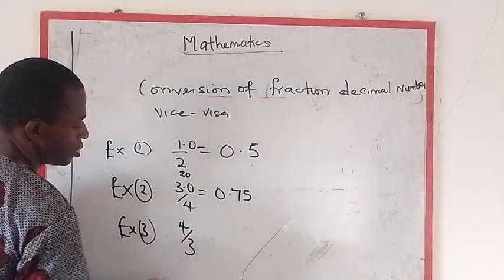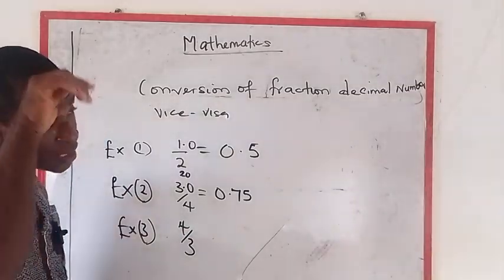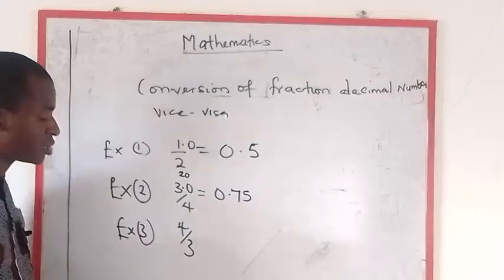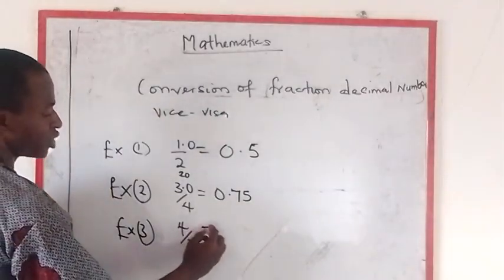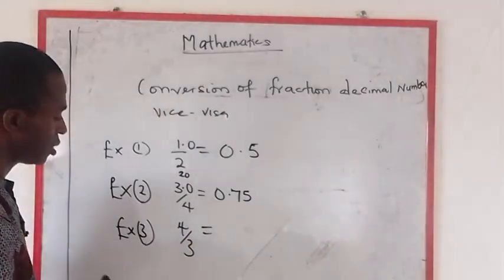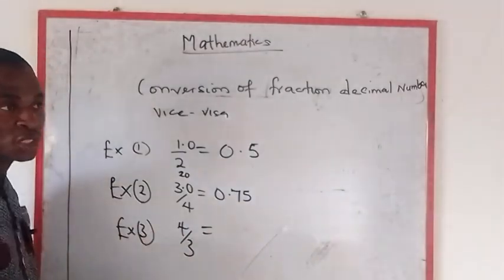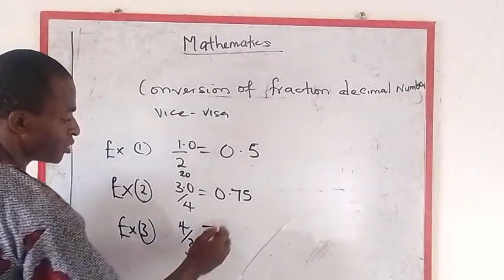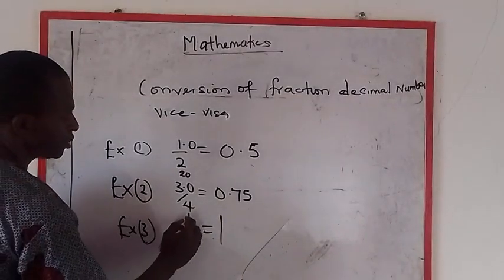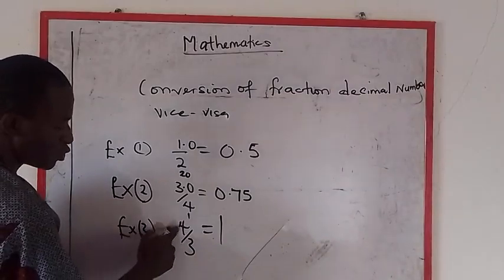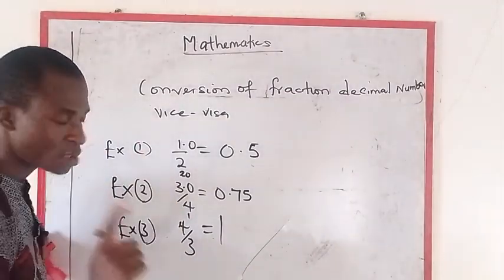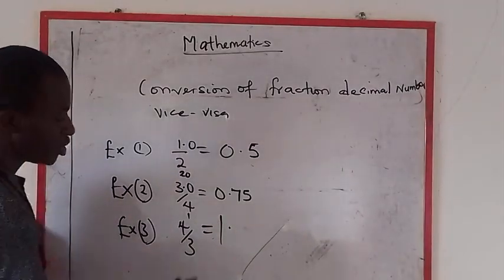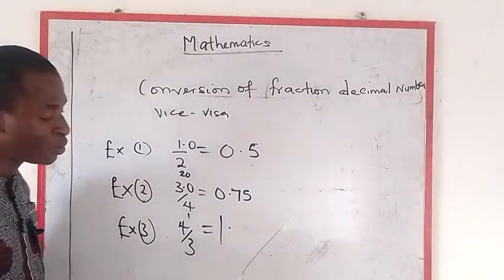Example 3. Let me change it to 4/3. I want to deal with an improper fraction in this case. If I'm dealing with an improper fraction, then we'll know that we approach it in a different way. Now 3 is going into 4 how many times? 1 time, remainder 1. In your answer, you have to put a point there because there's a remainder.